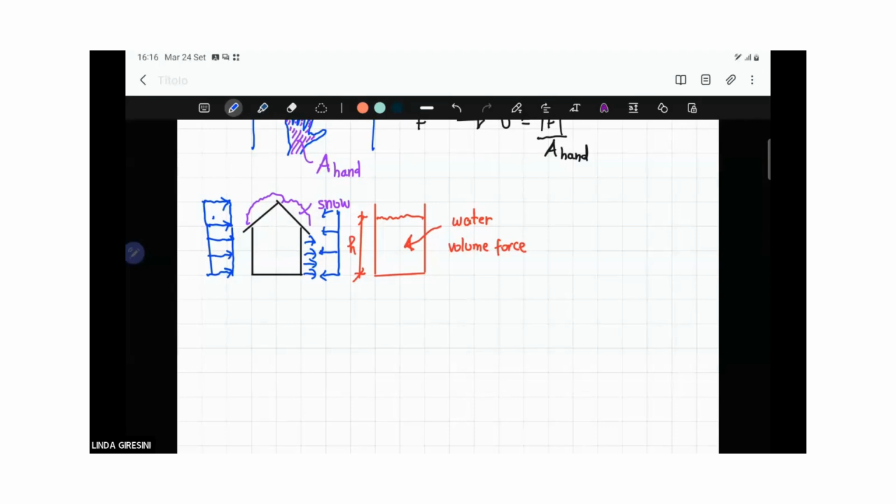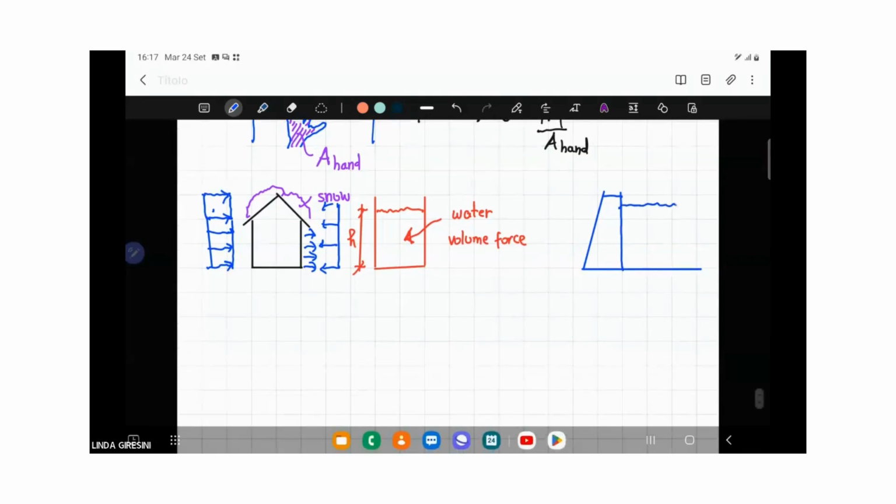So this is like a distributed load. You can consider it in one orientation or the opposite one. But these remain area forces, okay?